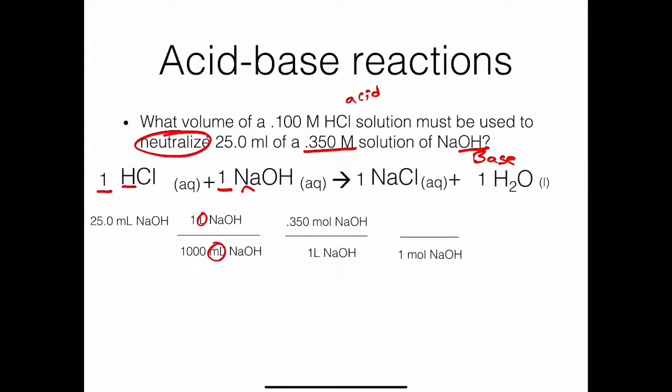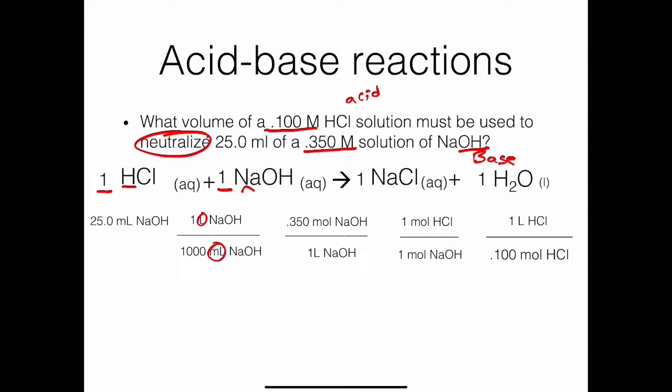Moles of sodium hydroxide on the bottom, moles of hydrochloric acid on top, and it's a 1-to-1 ratio as indicated by the coefficients. And then in the last step, moles of hydrochloric acid on the bottom, volume of hydrochloric acid on top, and this is given to me by the molarity of hydrochloric acid. Remember, 0.100 molar means 0.100 moles per liter, which is how I've arranged it in that last conversion factor.